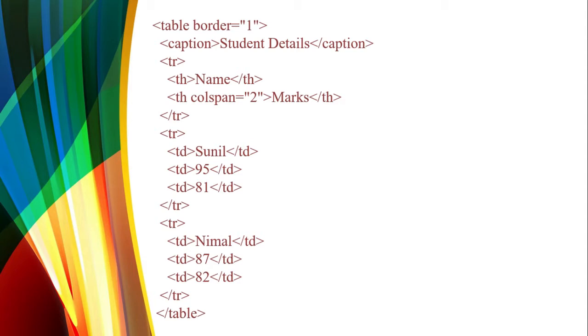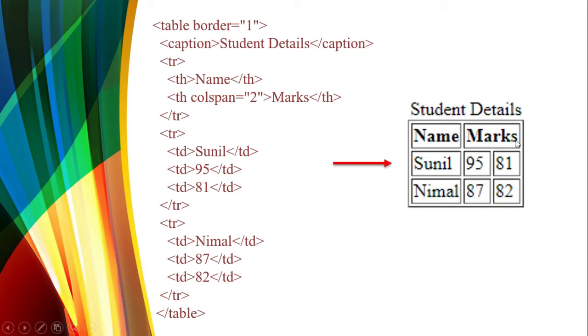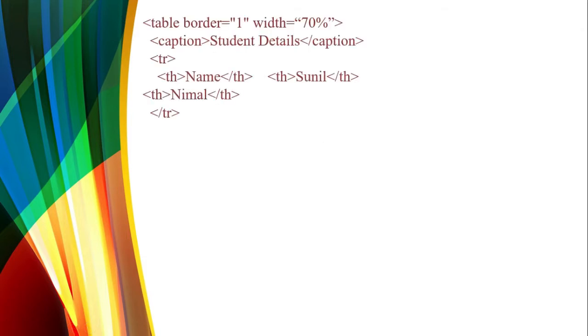This attribute is written within the th or td tag. Here the marks column has two columns. You can see here two columns are taken as one column and it represents marks. Like this, you can also use rowspan when you want to use more than one row as one row.